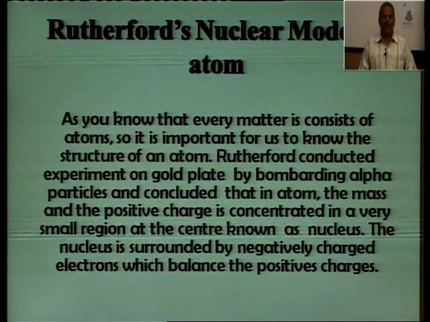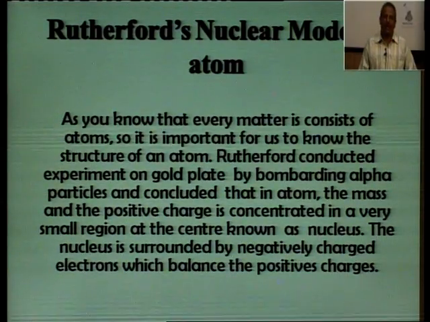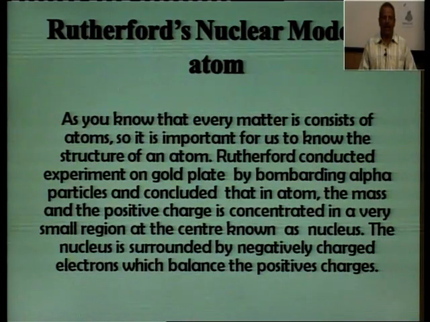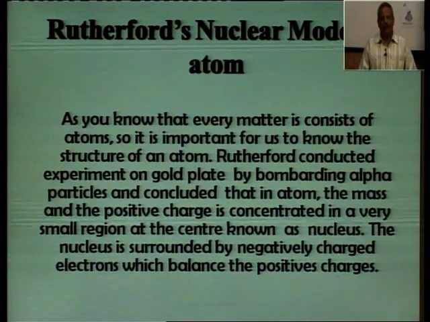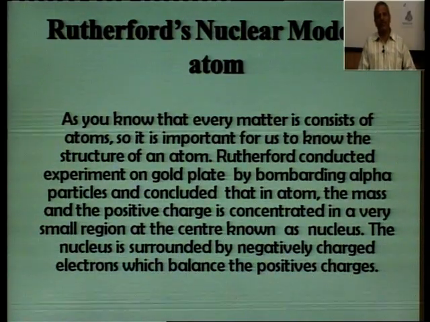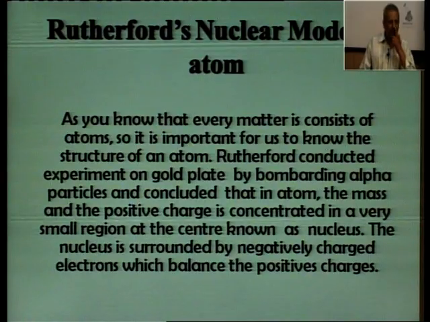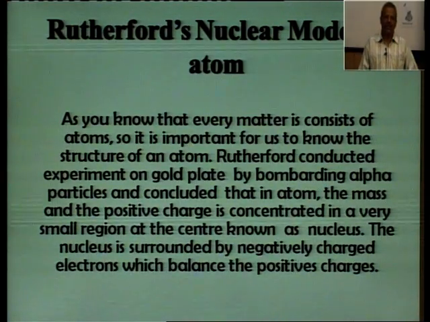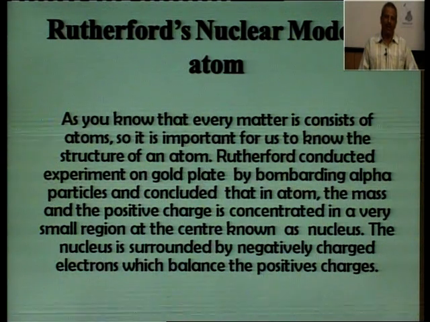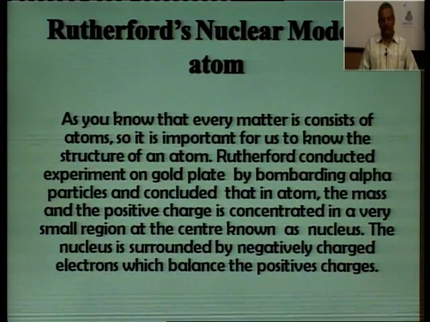Rutherford conducted an experiment on a gold plate by bombarding alpha particles and concluded that in an atom the mass and the positive charge are concentrated in a very small region at the center known as the nucleus. The nucleus is surrounded by negatively charged electrons which balance the positive charge.